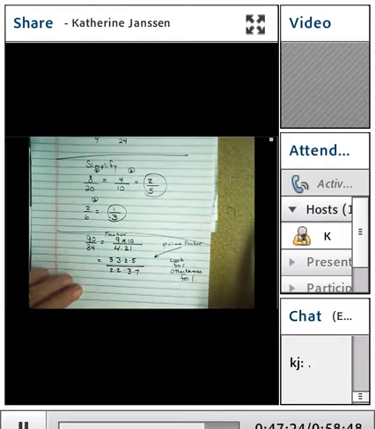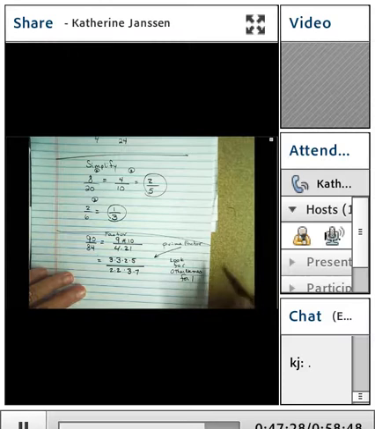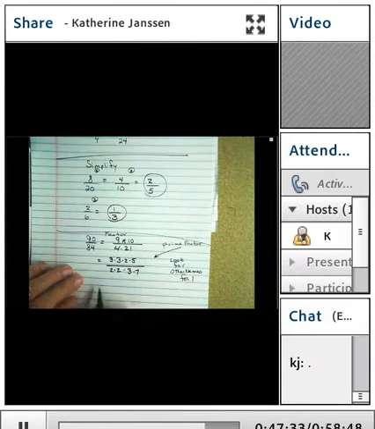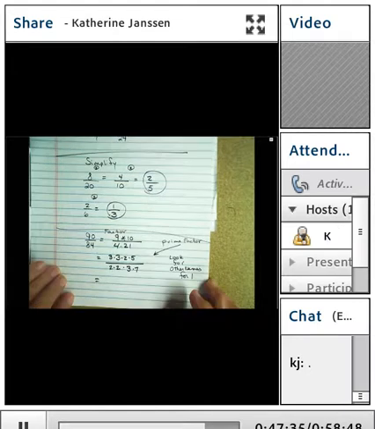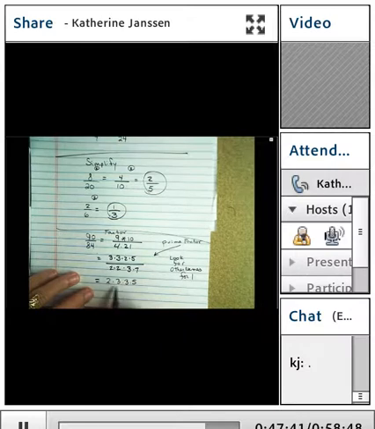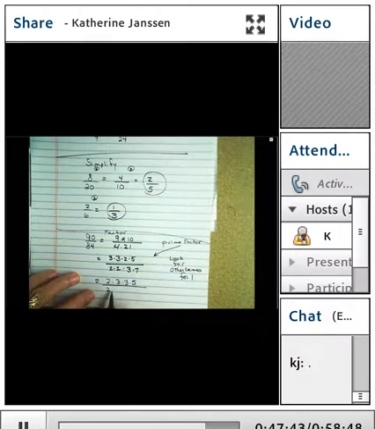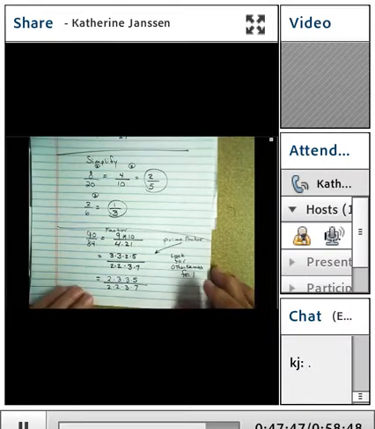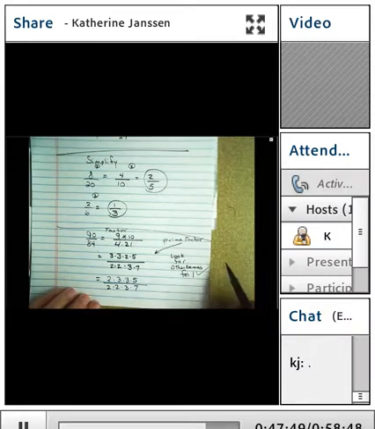I'm going to look for other names for 1. Remember that 1 is the identity property for multiplication. So this has to be all multiplication in the numerator and the denominator. And now I can reorder this. The numerator, 2 times 3 times 3 times 5. In the denominator, I have 2 times 2 times 3 times 7. And I'm looking for other names for 1 to simplify.